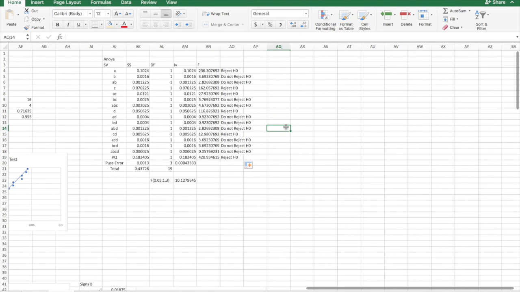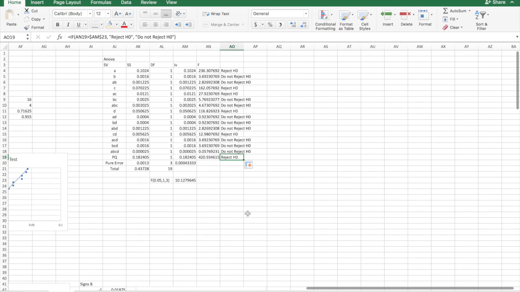And so we can see that since we rejected PQ, it means that there is actually a curvature in the design. So this means that the previous design has to be redesigned into a new one that considers this curvature. We have to add a quadratic term to the regression model.